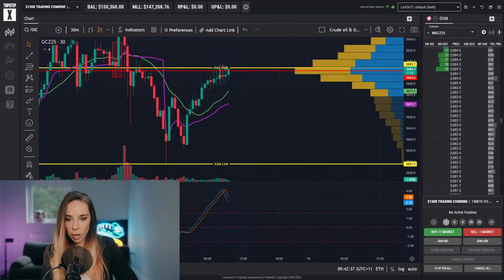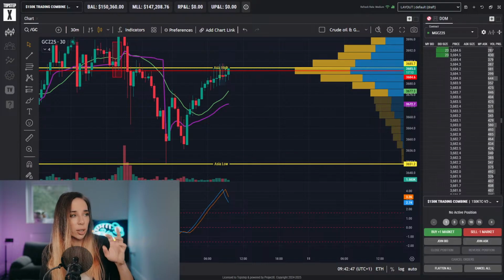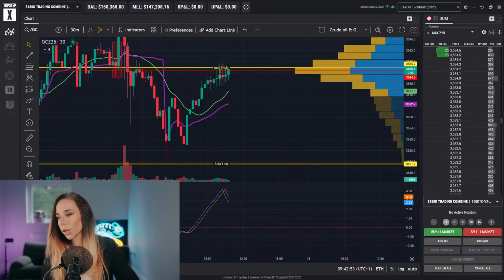Yeah, so that is the correct one. All right, so when we're looking at the London values, we opened just underneath it. Now, with the strong trend on gold, there is a very high chance of us going into a value acceptance. Now, the value area low is 36.85.4.